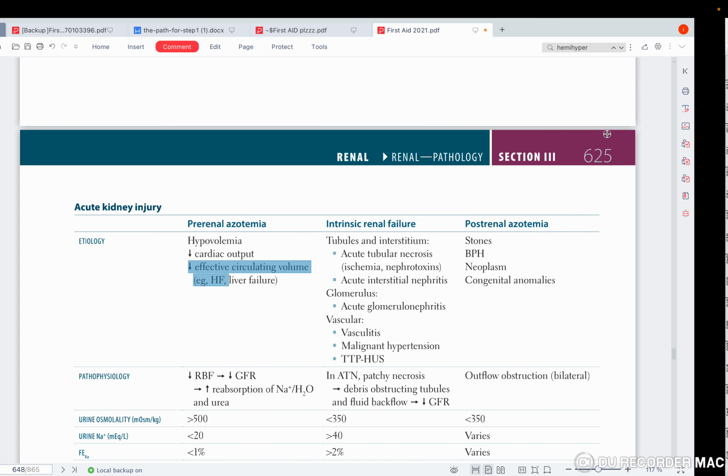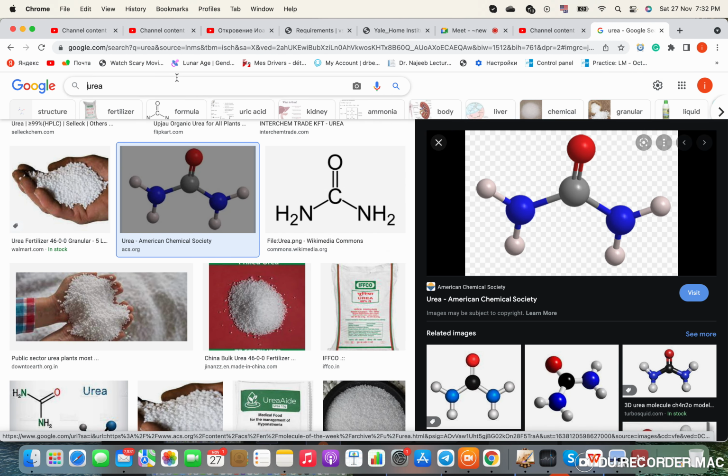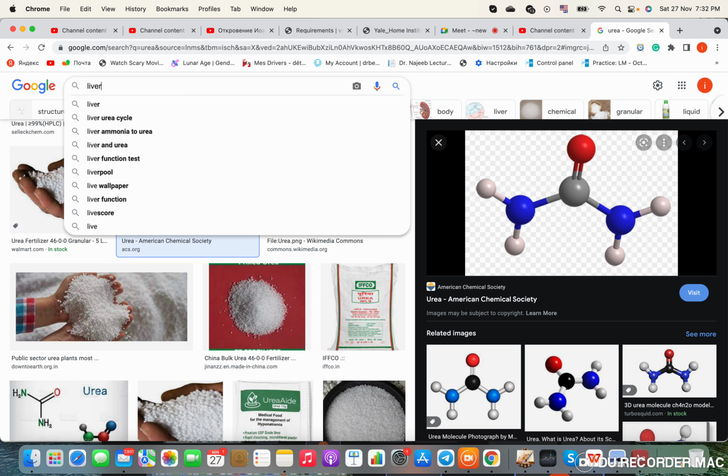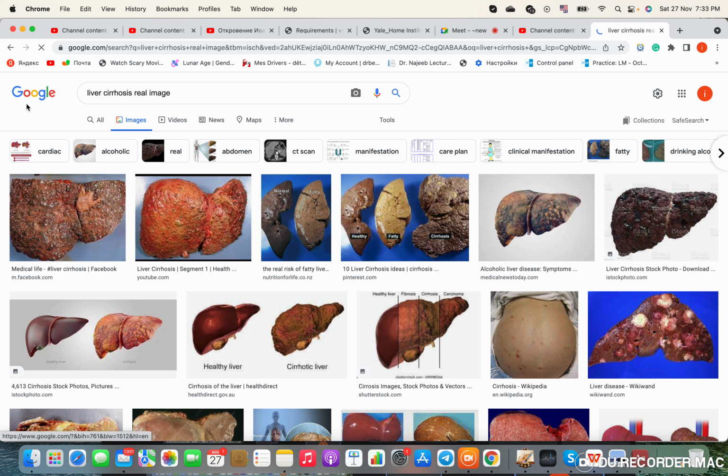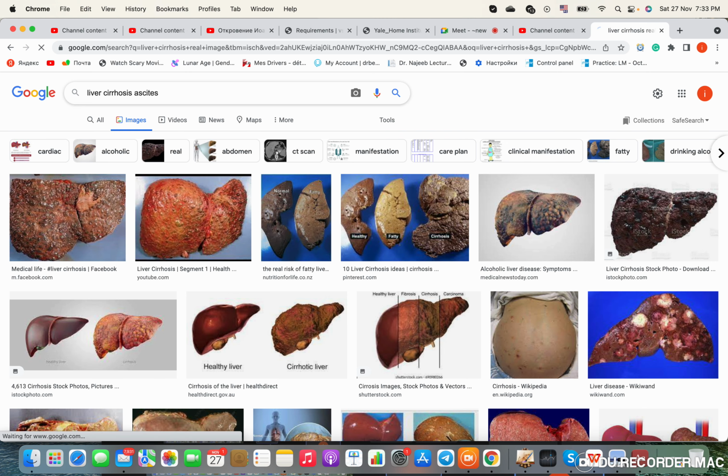But can someone tell me, please, why in case of liver failure or liver cirrhosis do we have a reduction of the circulating volume? So in case of liver cirrhosis, which protein is decreased?